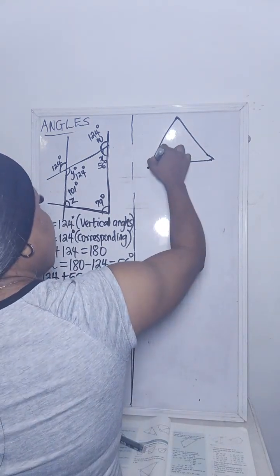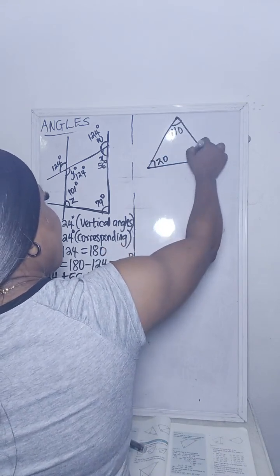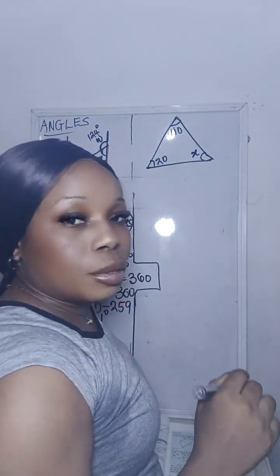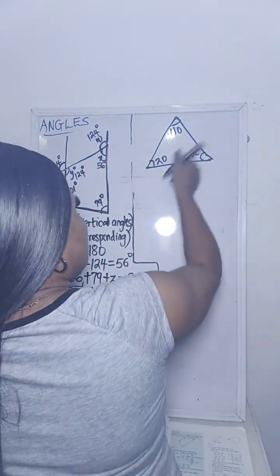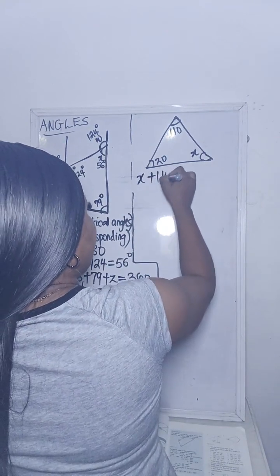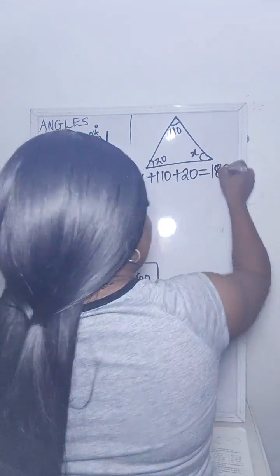So if I have this angle to be 20, this angle to be 110, and this angle to be x, how do I get my missing angle? We sum it up and equate it to 180, because the sum of angles in a triangle equals 180 degrees.